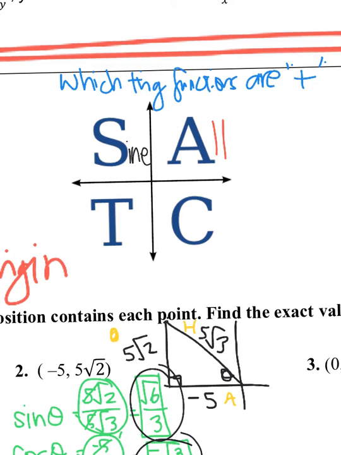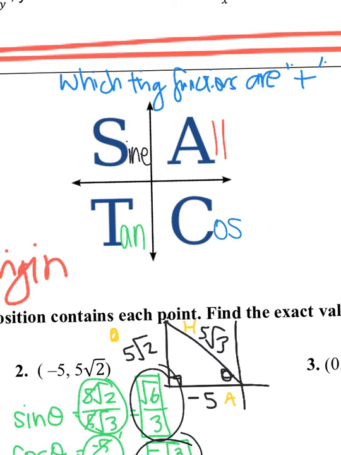For quadrant 3, your tangent is going to be positive, and then sine and cosine will be negative. And in quadrant 4, cosine will be positive, and sine and tangent will be negative. So you can do this in different ways.